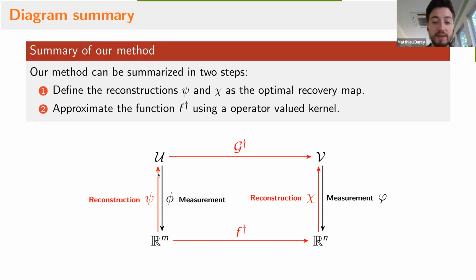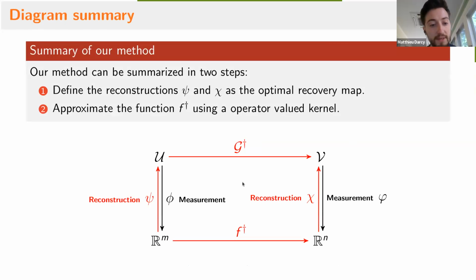And in both cases, what we're going to do is define these reconstruction operators and this recovery of f dagger using what's called optimal recovery maps and the optimal recovery method, and through operator valued kernels. And I'll be going into greater detail as to what this means.